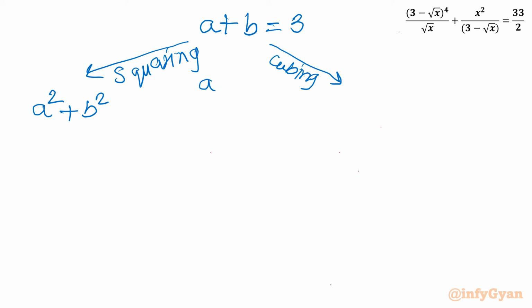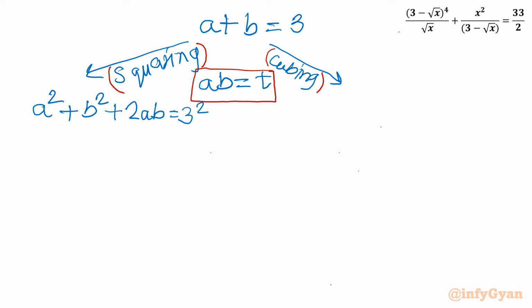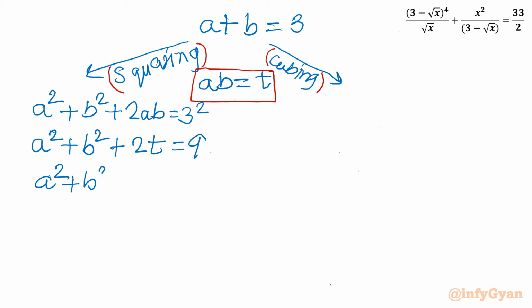Let us consider ab equal to t. So plus 2t, or 2ab, equal to 3 square. So a square plus b square plus twice t equal to 9, or I can write a square plus b square will be 9 minus 2t.